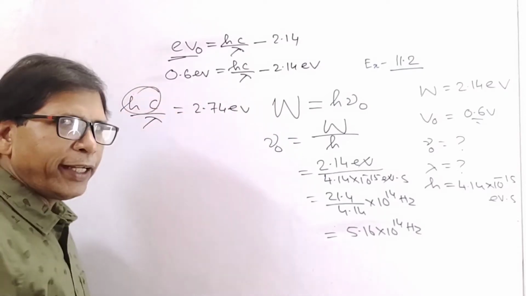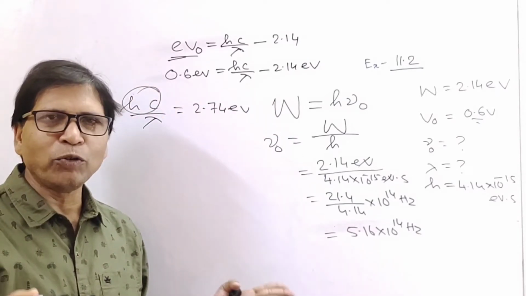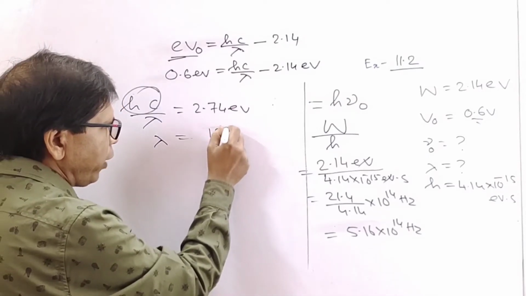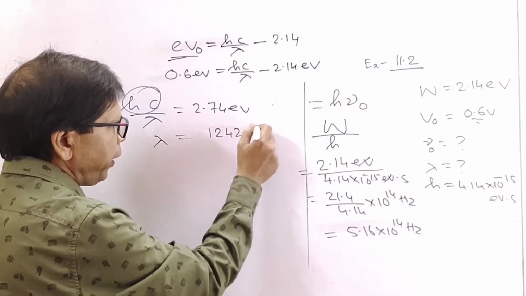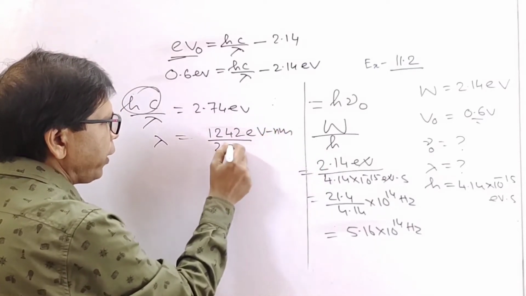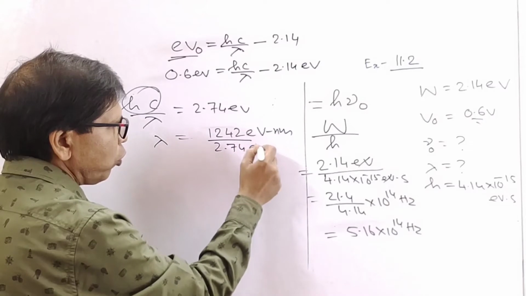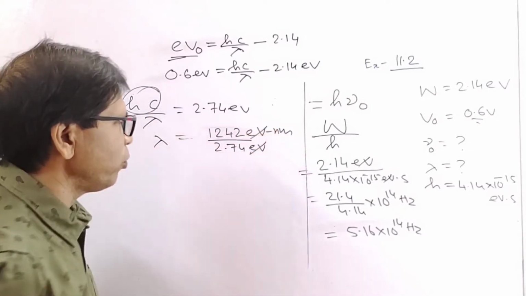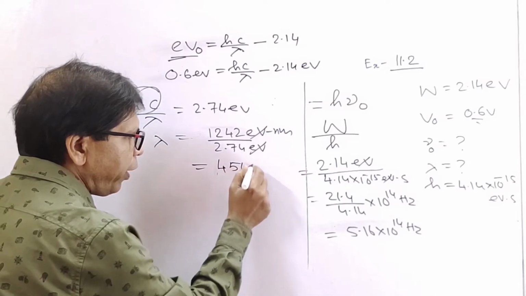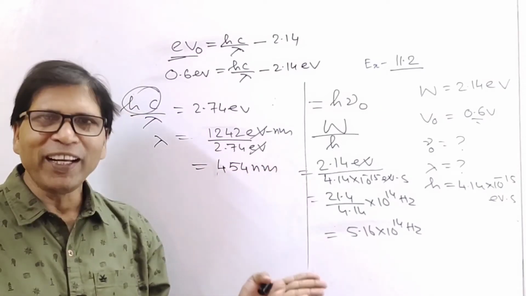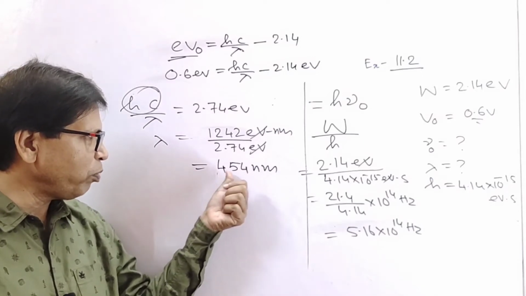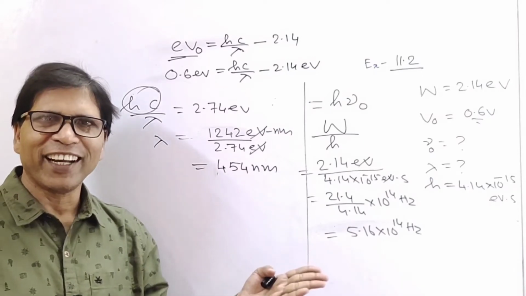Now the value of hc is 1242 eV nanometer. So here lambda is equal to 1242 eV nanometer divided by 2.74 electron volt. This and this cancel out. Okay. This is the 454 nanometer. So wavelength of incident radiation lambda is equal to 454 nanometer.